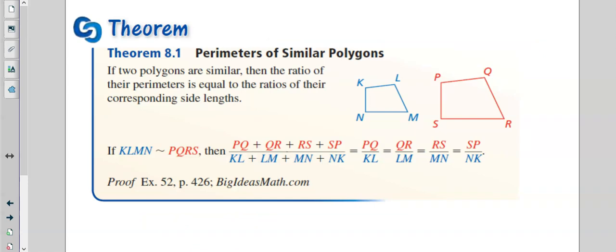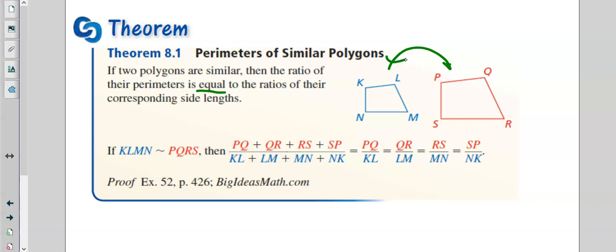All right, the perimeters of similar polygons. If two polygons are similar, the ratio of their perimeters is equal to the ratios of their corresponding side lengths. So let's see what that means. KLMN and PQRS are similar. These two shapes are similar.